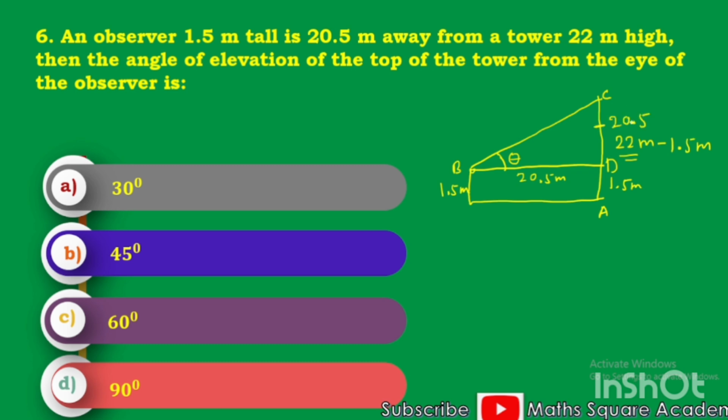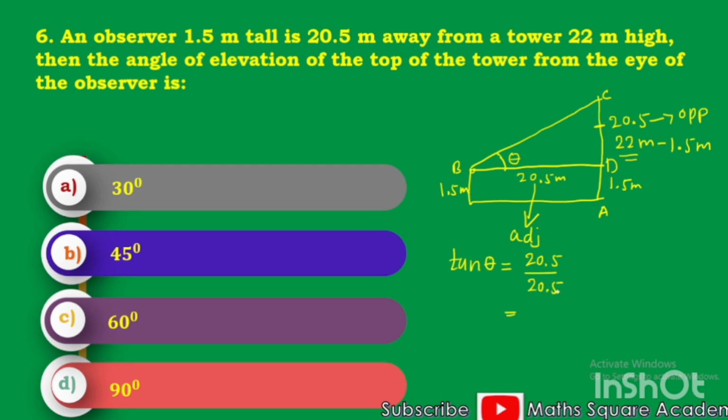So you know the DC, you know the BD value, right? Theta is this one. This is the opposite side, and this acts as the adjacent side. You know the adjacent side and opposite side, so which ratio do you have to take? That is tan theta. The opposite side is 20.5 and the adjacent side is also 20.5 meter.